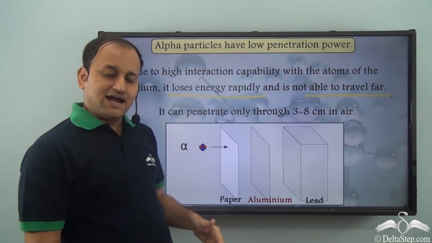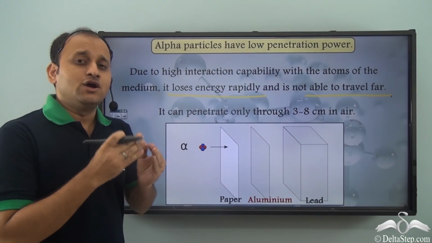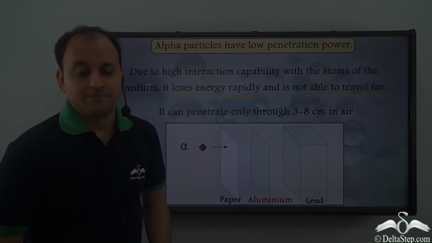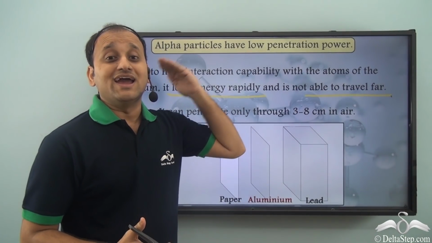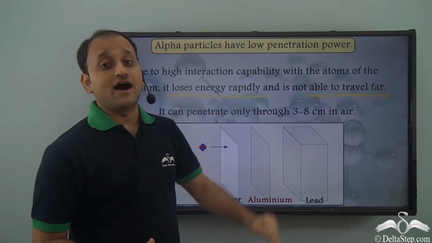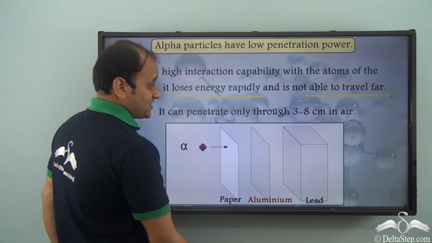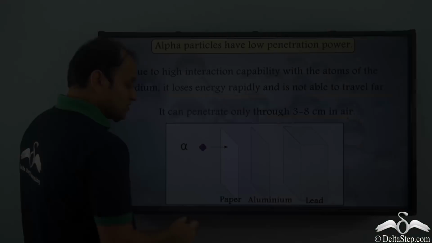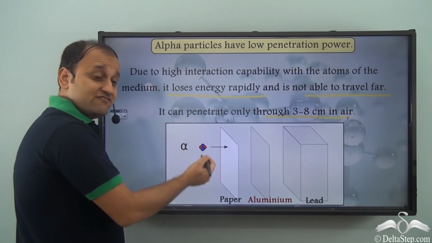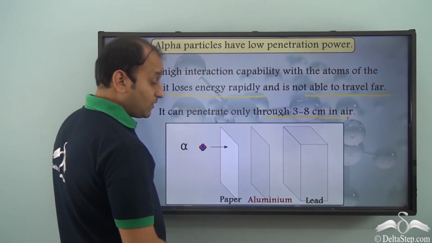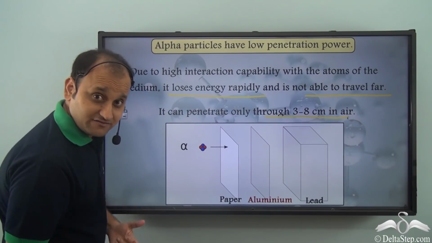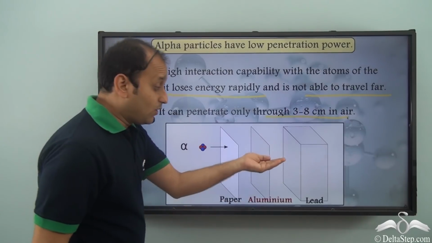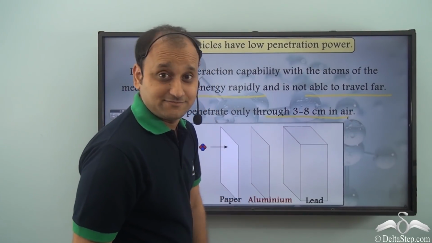Because of very heavy mass and constant interaction with particles of the medium, it loses energy rapidly, and as it loses energy rapidly, it is not able to travel far, and that is why it can penetrate only 3 to 8 centimeters in air. So an alpha particle can be stopped even by a thin sheet of paper, while other radioactive radiations can even penetrate aluminum, and some can only be stopped by lead.